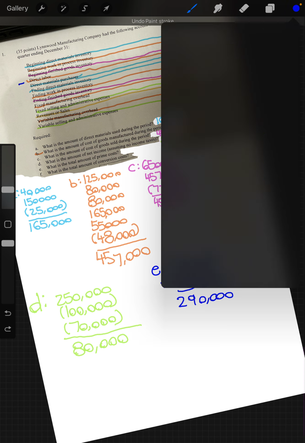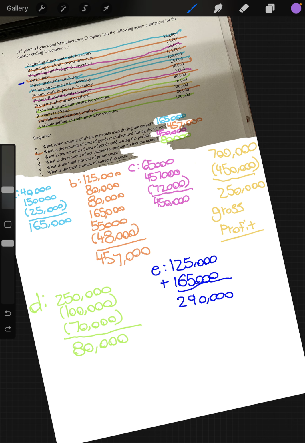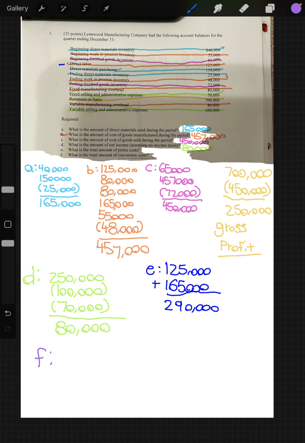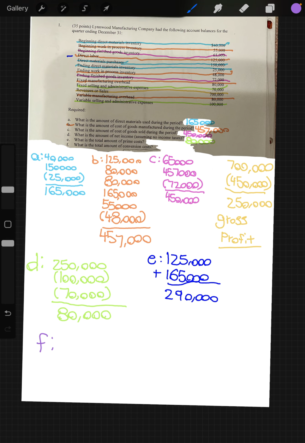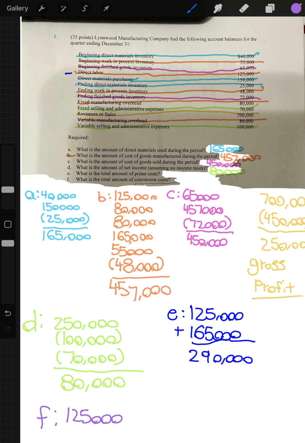Hold on. Let's go. And I need another color. I'll make it purple. Okay, so F. What is the amount of conversion cost? You take your direct labor, fixed manufacturing overhead, that's 80K.